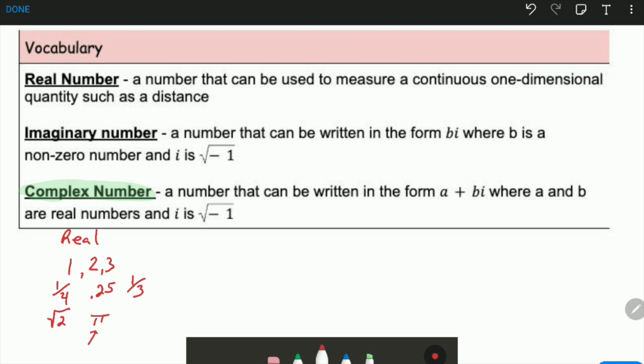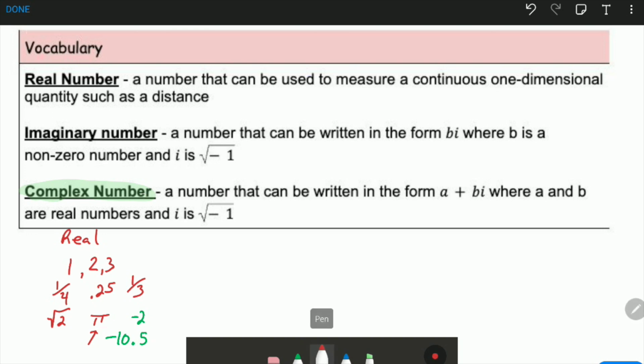It'd just be very hard to get it accurate. And remember that this also includes negative numbers. Measuring tapes don't usually have negative numbers on them, but it would include things like -2, -10, 0.5, things like that. Those are real numbers as well, because the negative just denotes a direction.